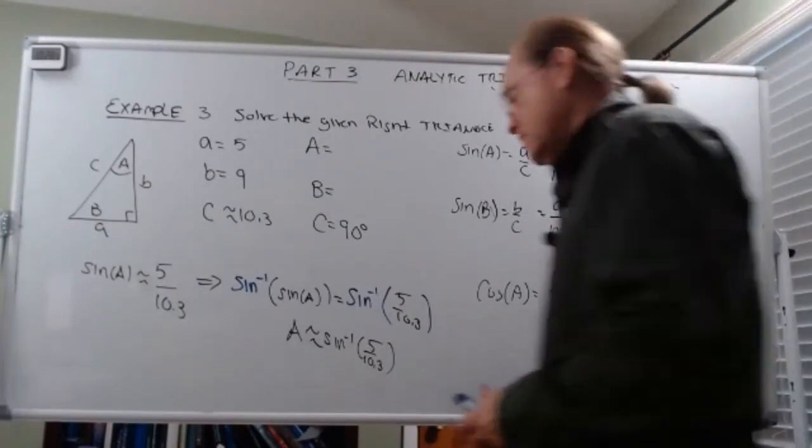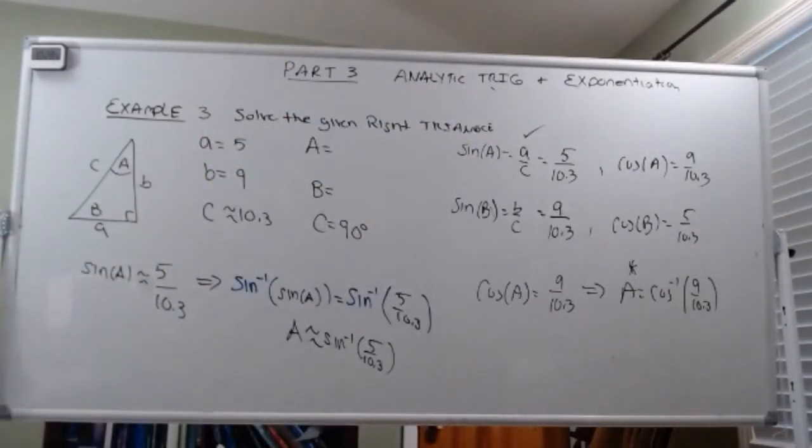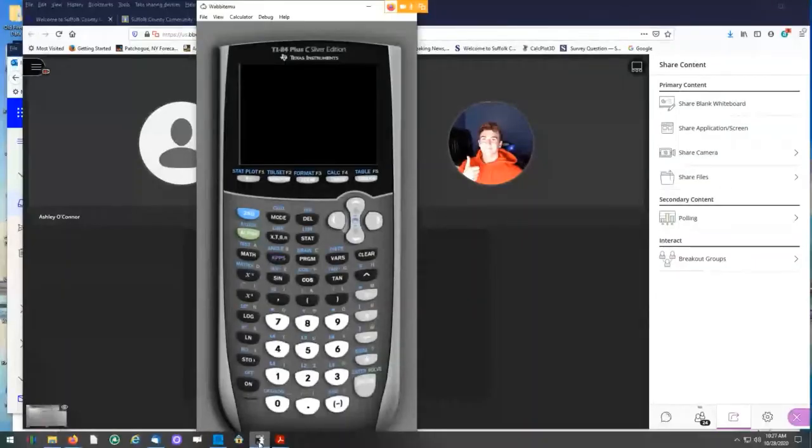Let's just plug them into our calculators and see if we can get an approximation for that angle. And again, your calculators need to be set for the degree mode.